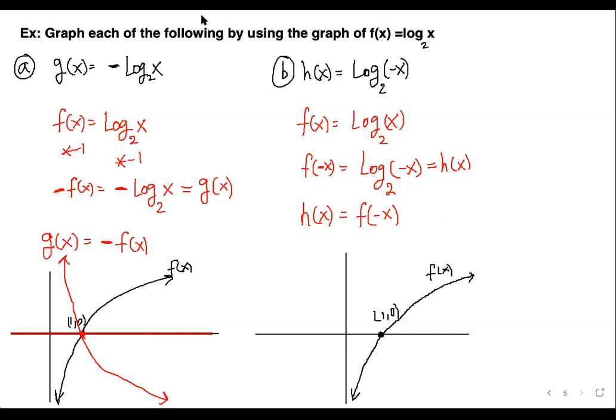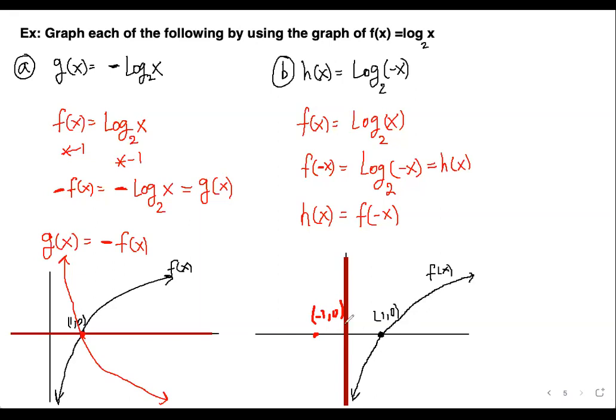Now we have to put the mirror on the y-axis. So here is the y-axis. This is my mirror. We have to reflect all the points in this line. Now my first point, (1, 0), should be here. This point is (-1, 0).